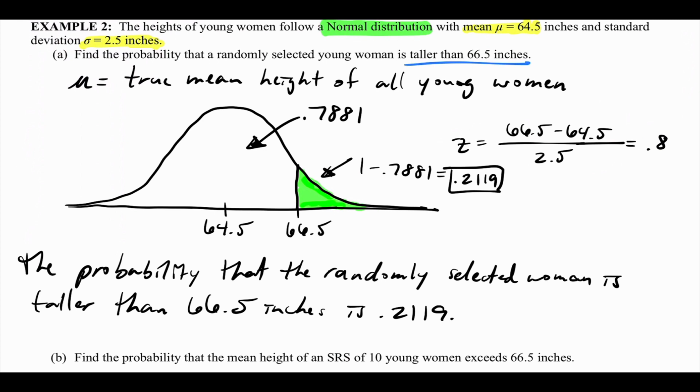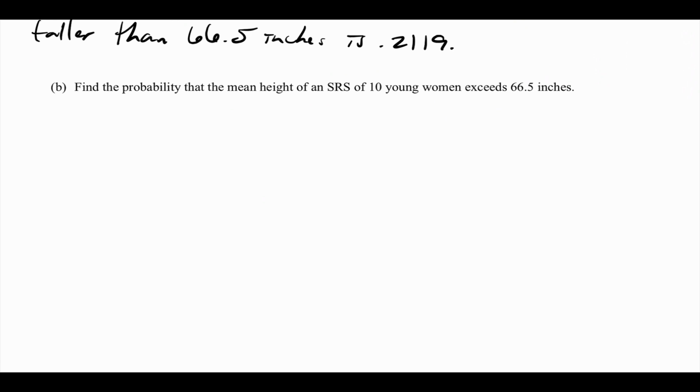So question B, I get this question a lot. Question B, what's the difference? It's the same question, isn't it? Aren't we trying to find the probability of being bigger than 66.5? But this time we have a sample of 10 young women.